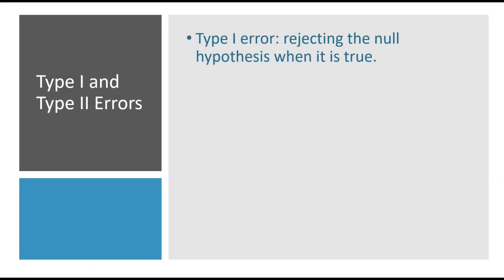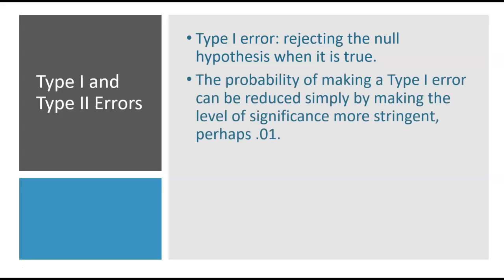So to pull some threads together here, the type 1 error is rejecting the null when it's true. The probability of making a type 1 error, because you want to limit that. You want to be able to actually detect differences, but you don't want to make false claims that differences are significant. So what we tend to do is adopt a fairly restrictive level for declaring significance.